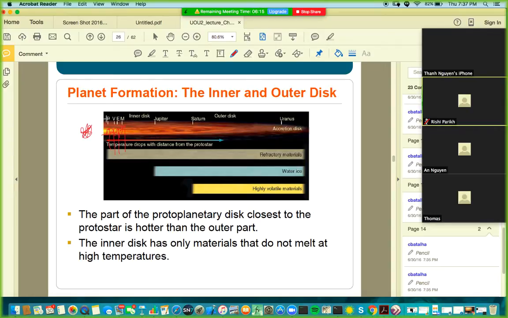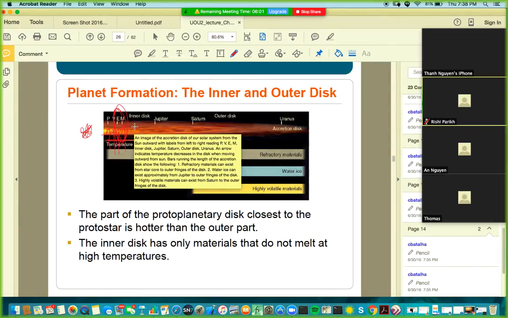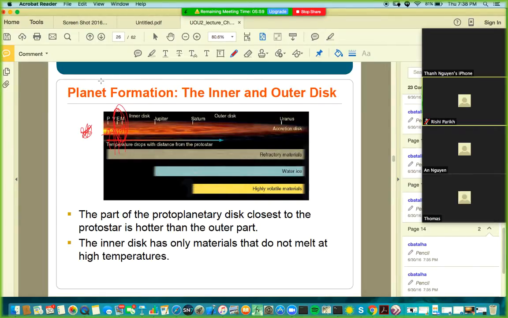So there is no point of forming ices in that region. But you do form rocky type material, and there is a very nice region called habitable zone that you might harbor planets with water.